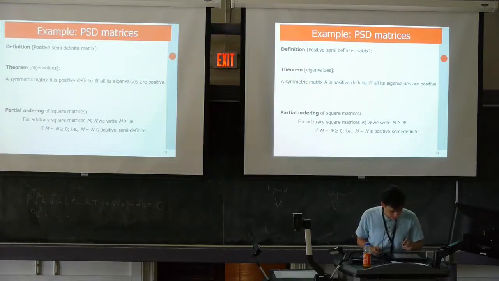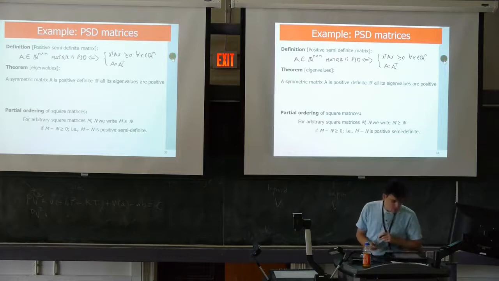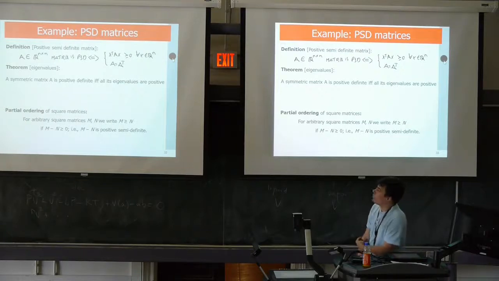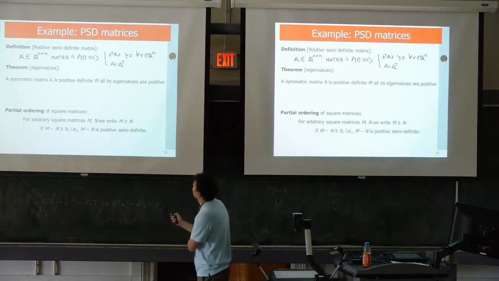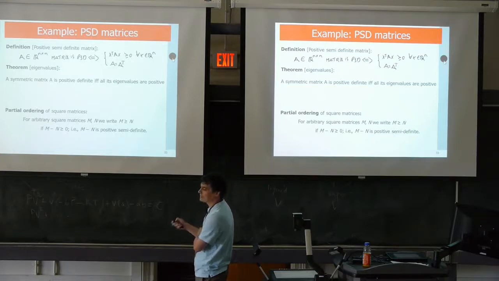So the definition is: we say that a matrix A of size n by n is positive semi-definite if and only if this matrix is symmetric and for any vector x in the n-dimensional space, x transpose A x is non-negative.